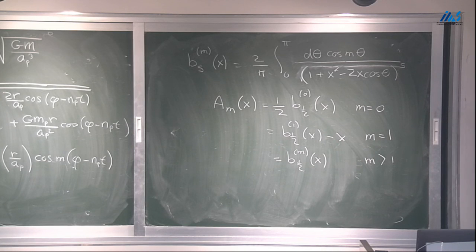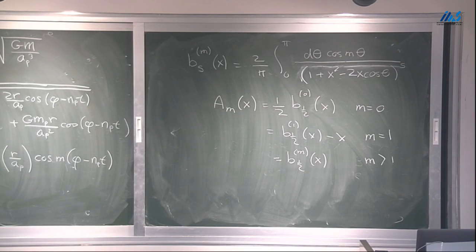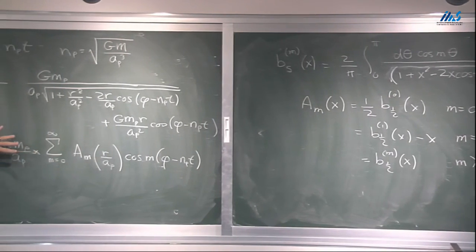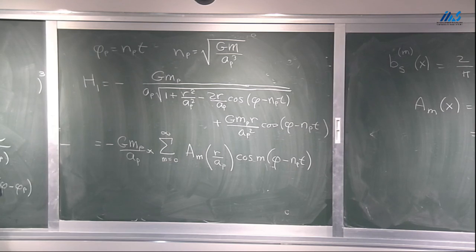Okay, at this point, I'm going to make one additional approximation. Since planets typically have relatively small eccentricities, I'm going to now try to expand the disturbing function, this potential. Oh, yes, sorry, I should say this.